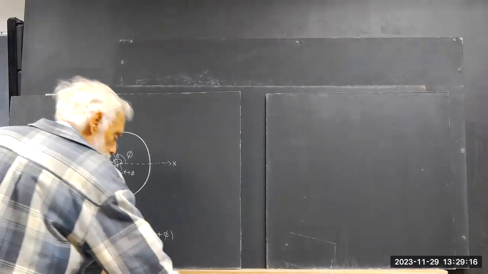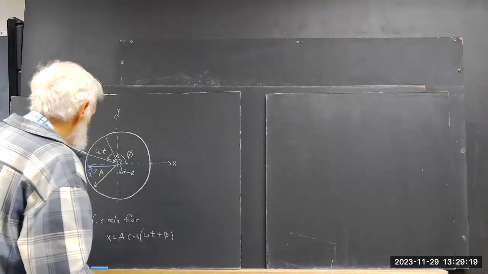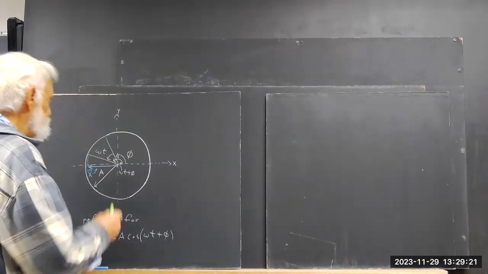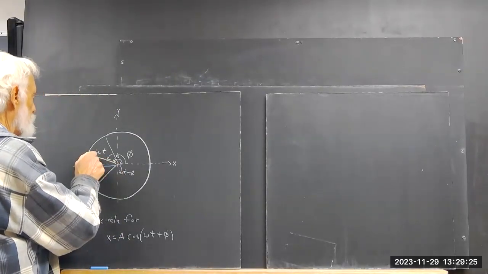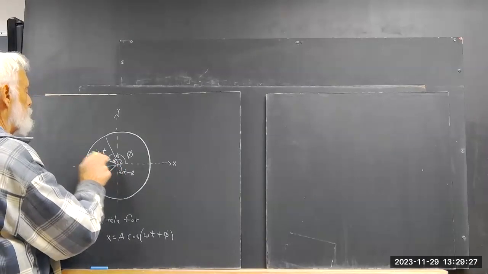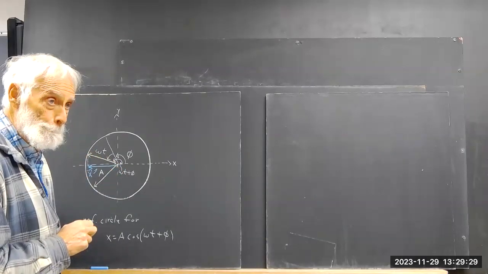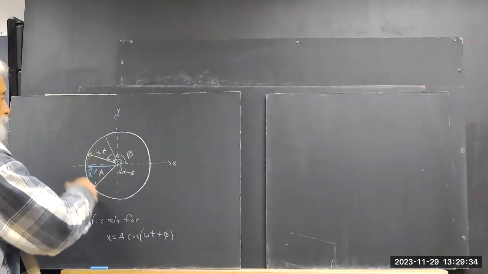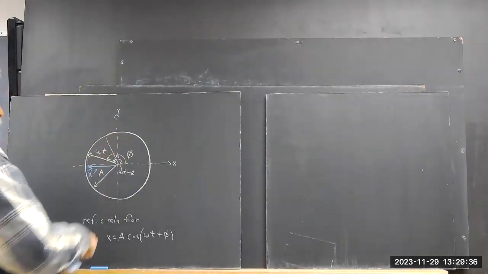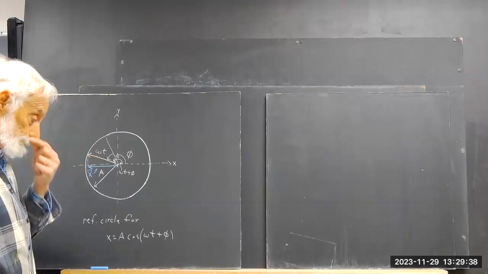So I'm going to take this into my reference vector. Now this reference vector is moving around here with angular frequency omega.